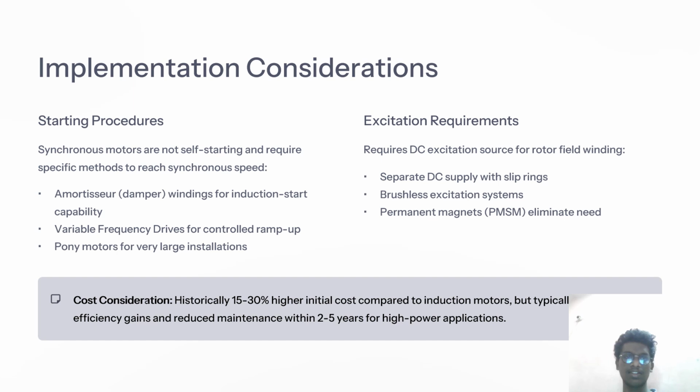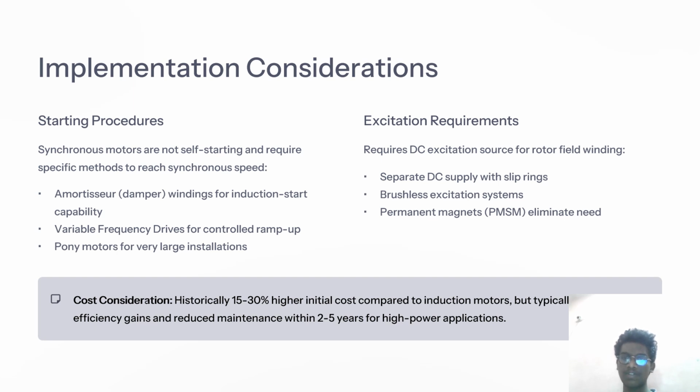Implementation considerations. Starting process: synchronous motors are not self-starting and require special methods to reach synchronous speed. Damper winding for induction start capability, variable frequency control to ramp up, and pony motor for very large installations. Excitation: requires a DC excitation source for the rotor field winding.